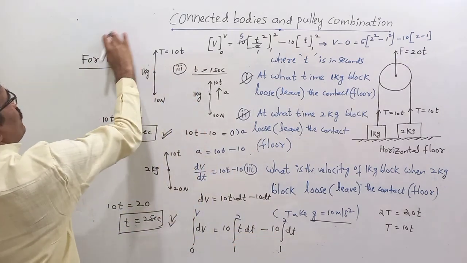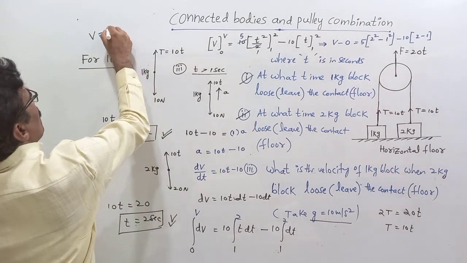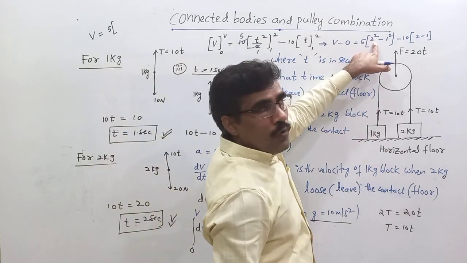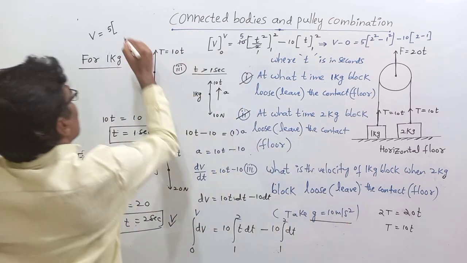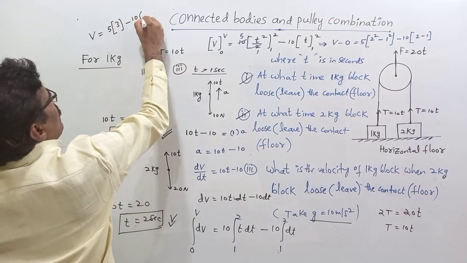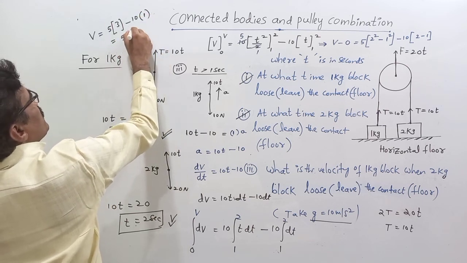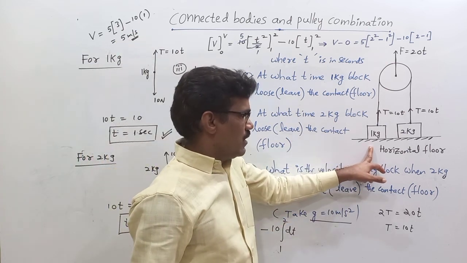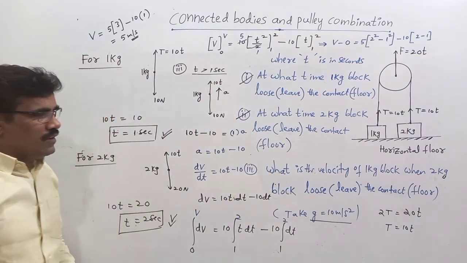Therefore, v is equal to 5 into 2 square, 4, minus 1 square, 1, 4 minus 1 is 3, 3 into 5, minus 10 into 1. This is 15 minus 10, 5 meter per second. This is the velocity of the 1 kg block when the 2 kg block loses the contact. Okay, thank you.